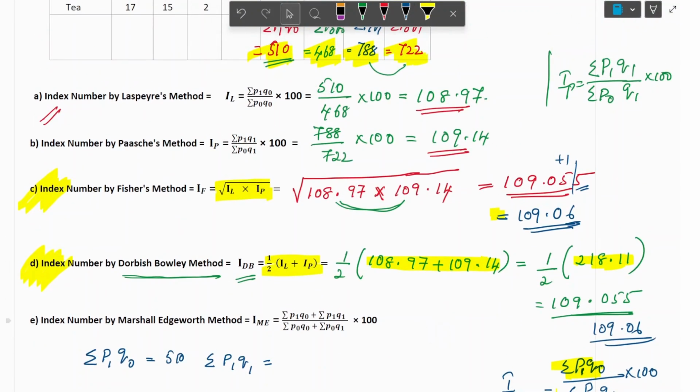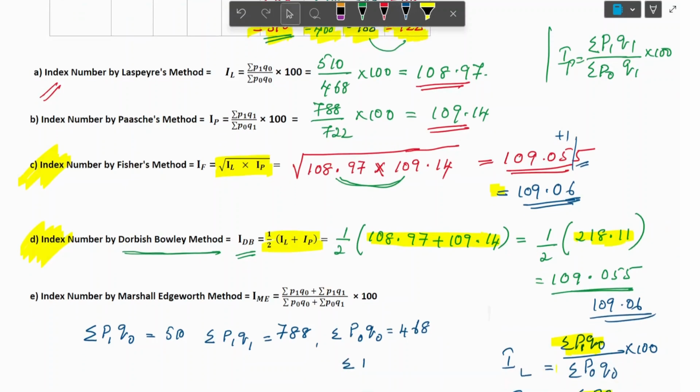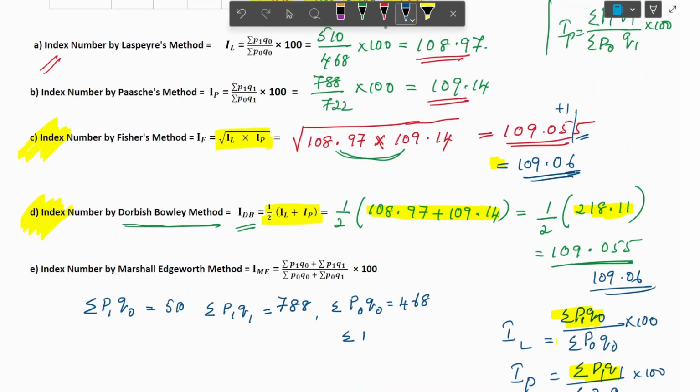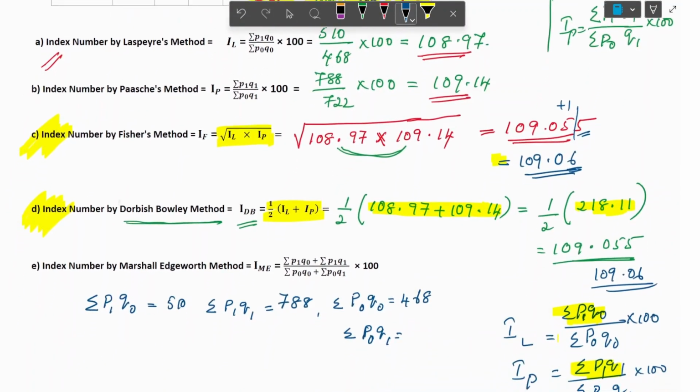I'll just keep the screen like that way. I think you can make out. This is the third one, okay? P1 Q1. Next, sigma P0 Q0, that is from the second, 468. The last one, the denominator you need, sigma P0 Q1, that is 722.